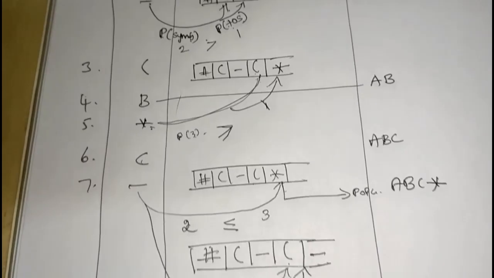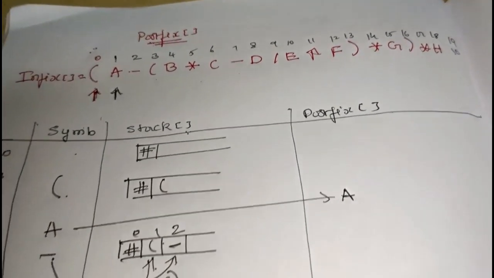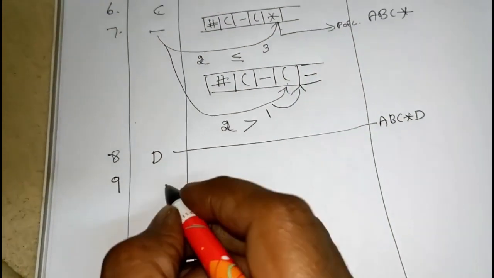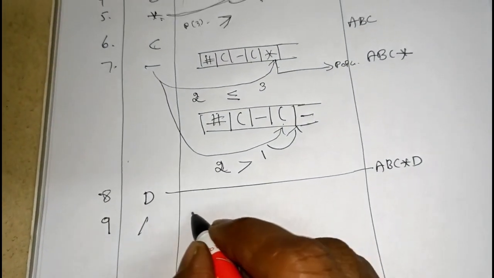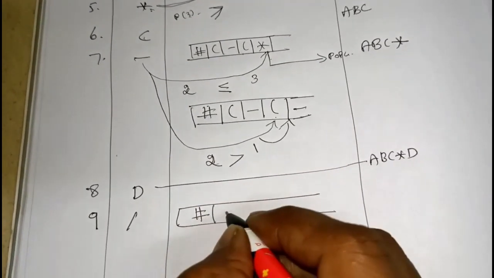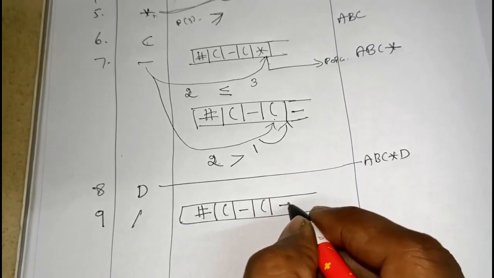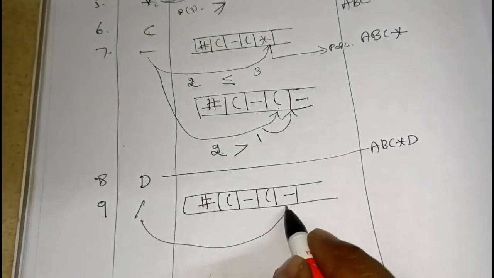What is the 9th one we are supposed to encounter? It is division. So division, again we'll compare: hash, open, minus, then division is compared with this.